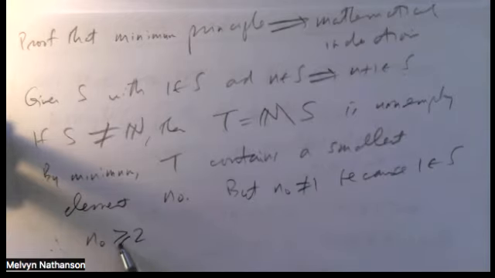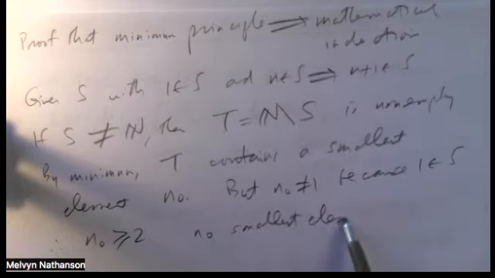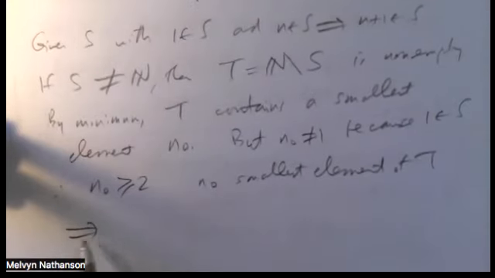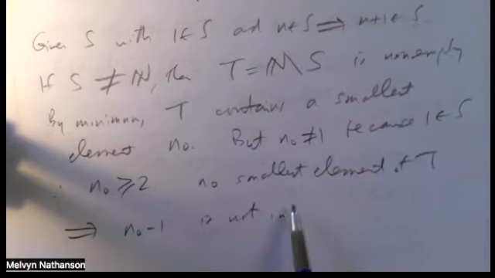And n naught is the smallest element of T, which means that a smaller number, n naught minus 1, is not in T. And n naught minus 1 is a positive integer because n naught is at least 2, which means n naught minus 1 is in S.